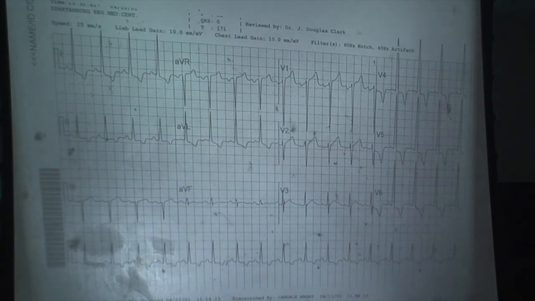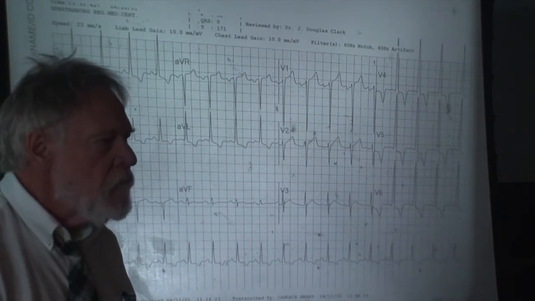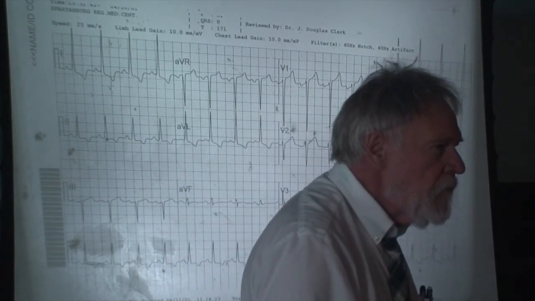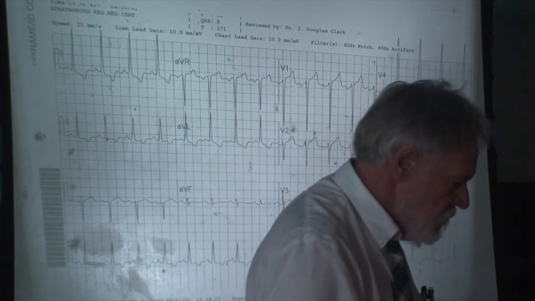So what's the disease process there? Supraventricular tachycardia.